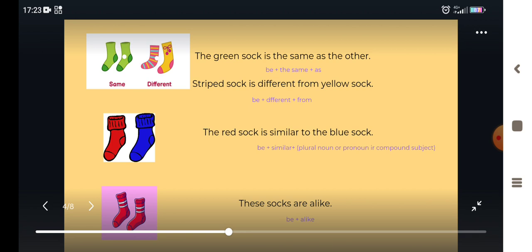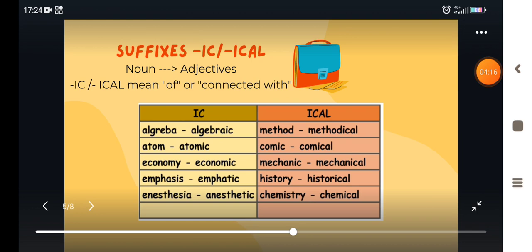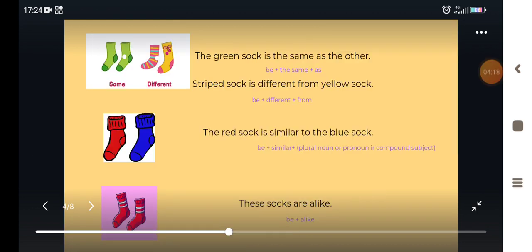The word order is verb to be plus similar plus plural noun, or plural pronoun, or compound subject. And in the sentence, the red sock is similar to the black sock. In this case, is and the complement.